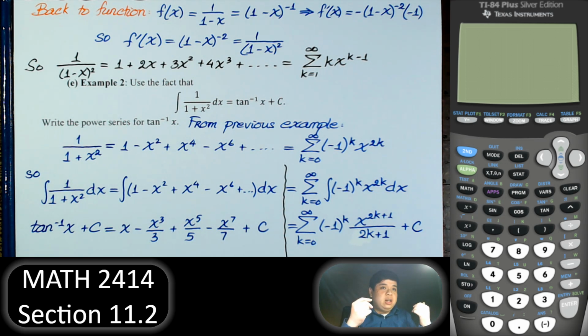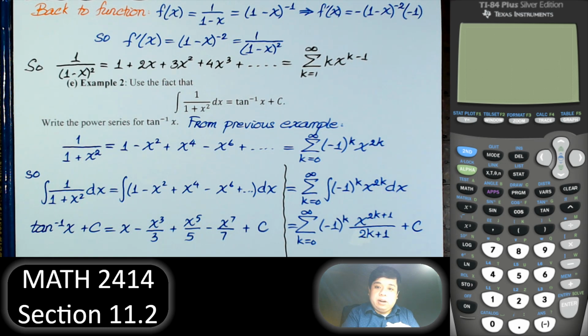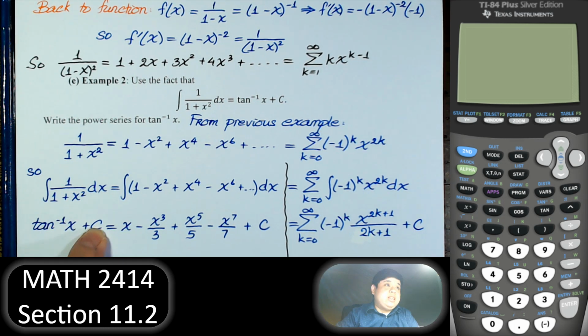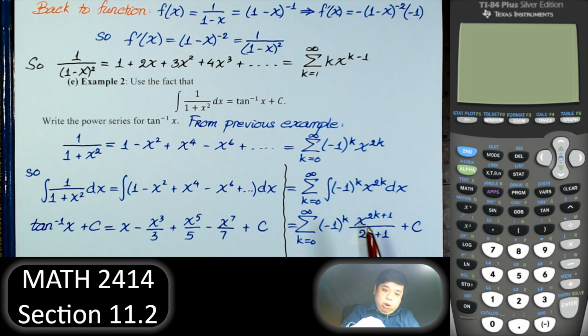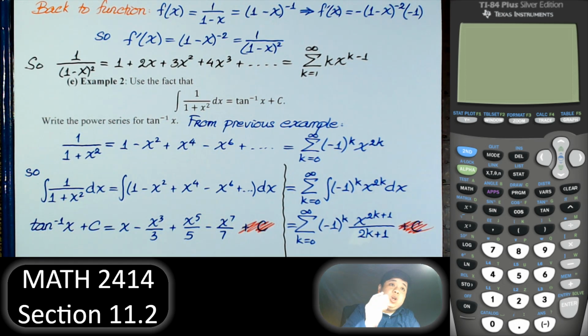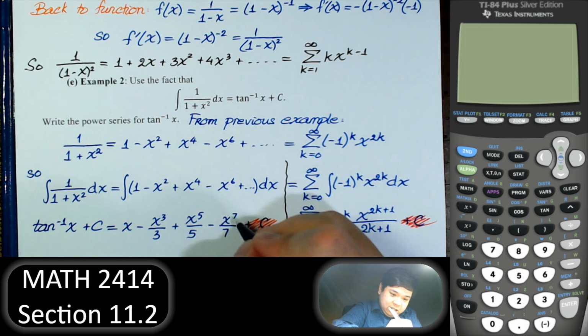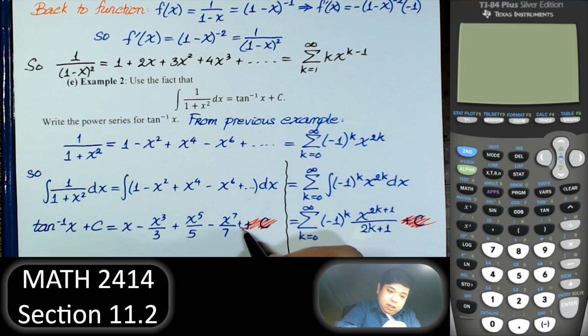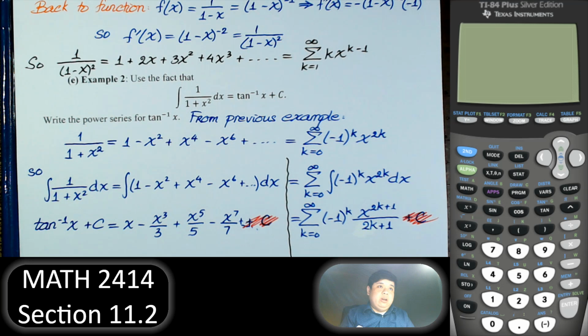When we integrate both sides, we only need the constant c on one side. So I choose to keep this constant c, and those two are equivalent. We only need the constant c on one side. This is dot dot dot because they just keep on going.